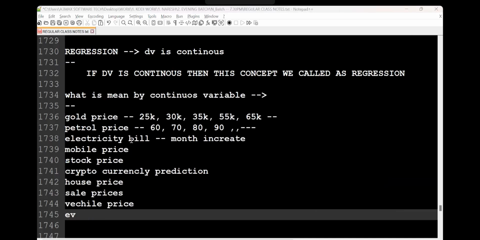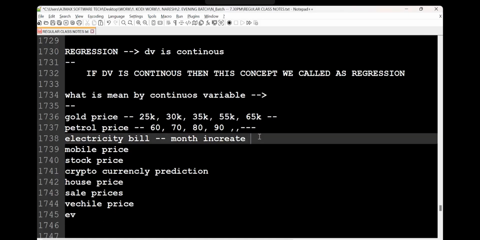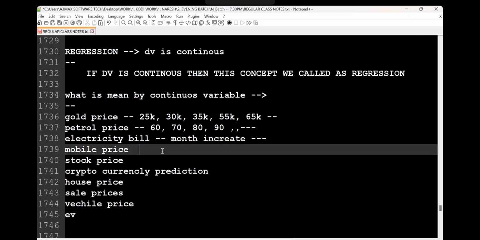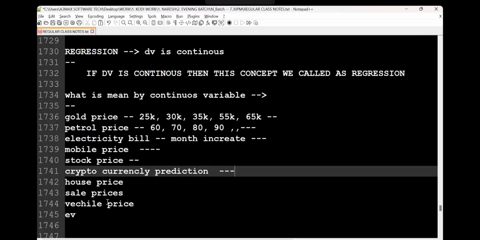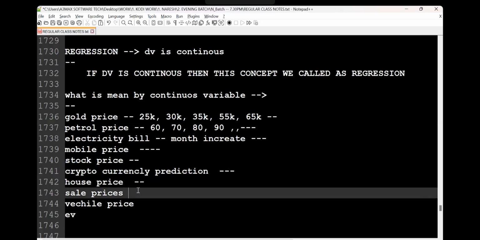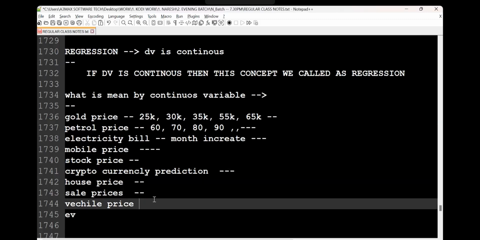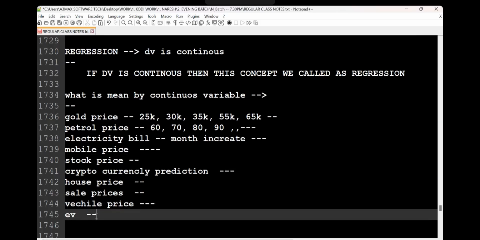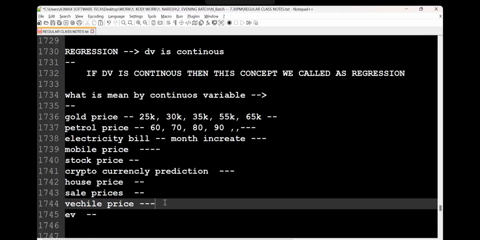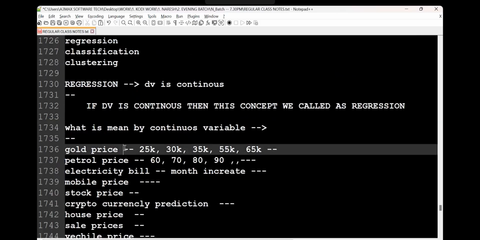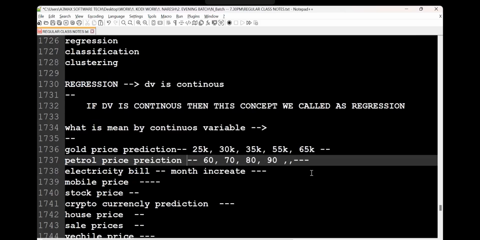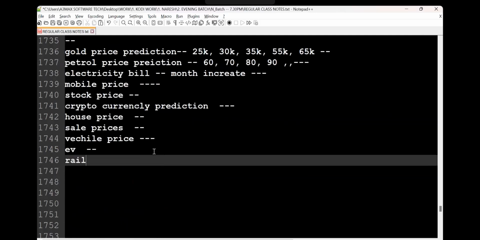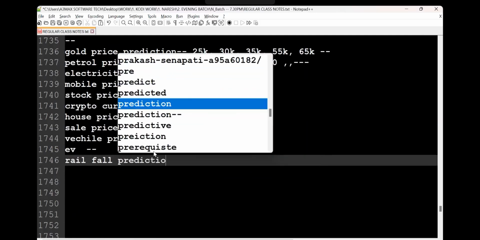So what is meant by this? If there is no end, it keeps continuously increasing. If it is this type, now can we create a real-time project? What is this real-time project? Vehicle price prediction, gold price prediction, petrol price prediction, rainfall prediction.